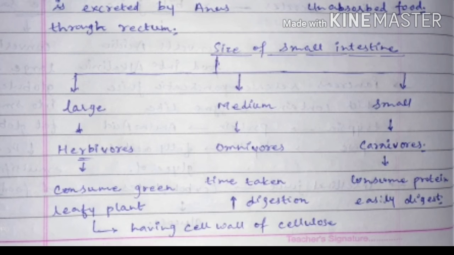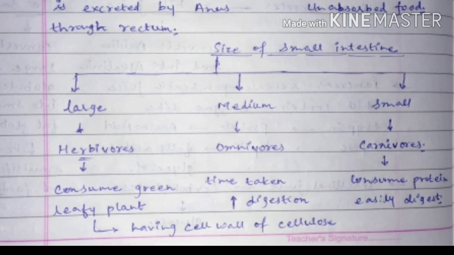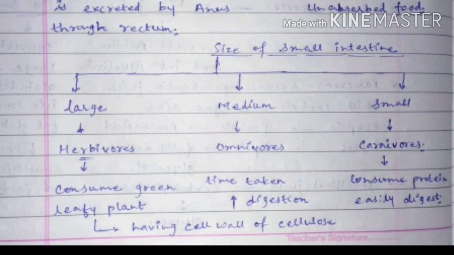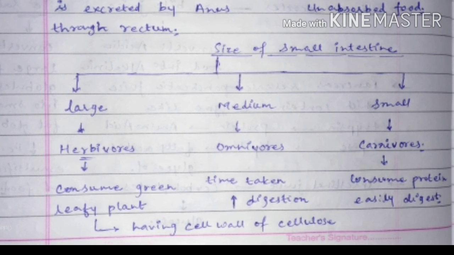So student, we have discussed the digestive system, and one more thing I want to tell you about is the sphincter muscles. Sphincter muscles are present at the joints between the parts of the digestive system and control the movement of food from one part of the digestive system to another.